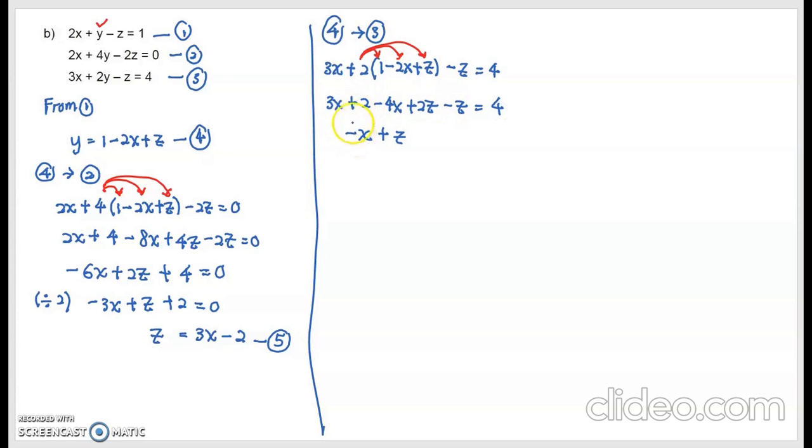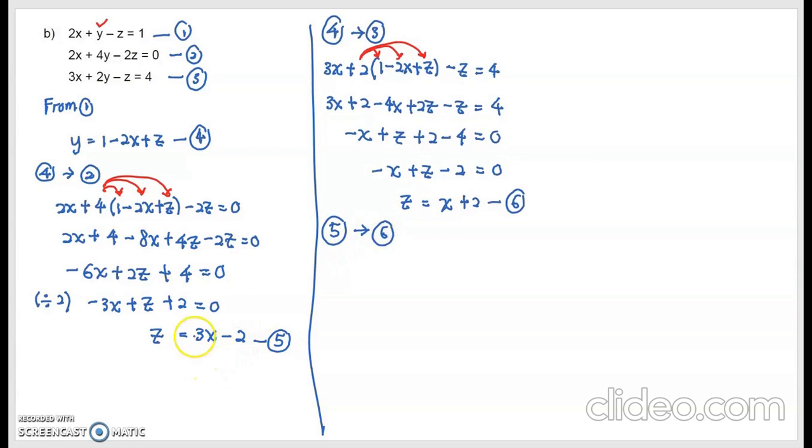So here is plus 2, and 4 I move to the left hand side, minus 4 is equal to 0. So here is negative x plus z. 2 minus 4 is negative 2, is equal to 0. Since in equation 5 z is the subject, here I let z be our subject. z is equal to negative x moved to the right hand side, positive x plus 2. Here is equation 6.